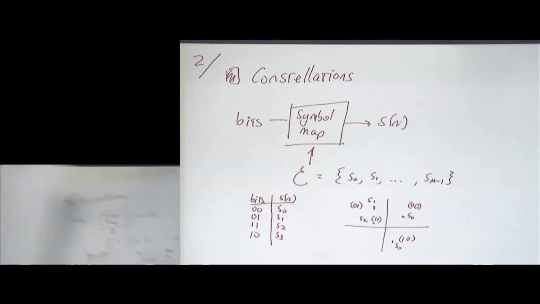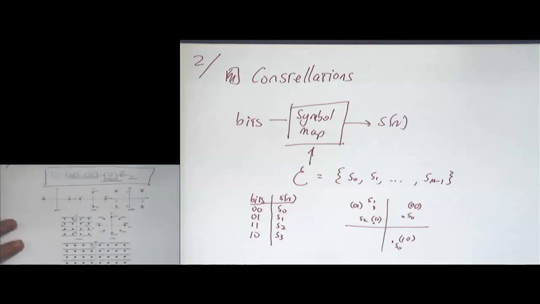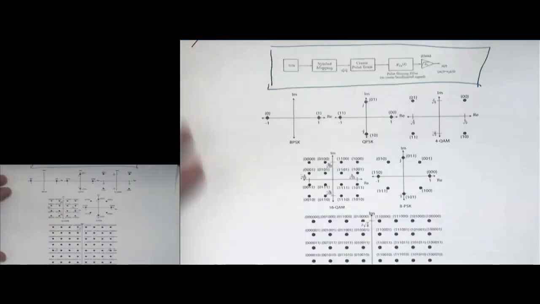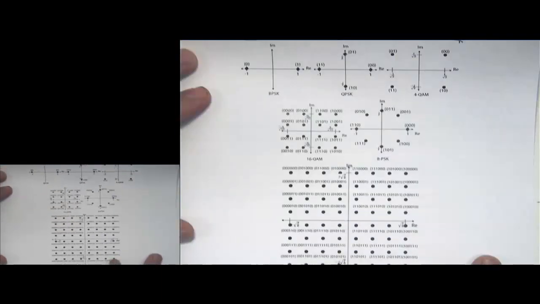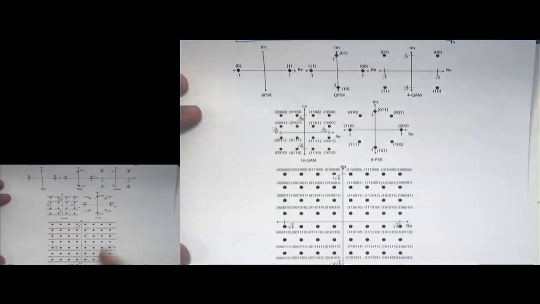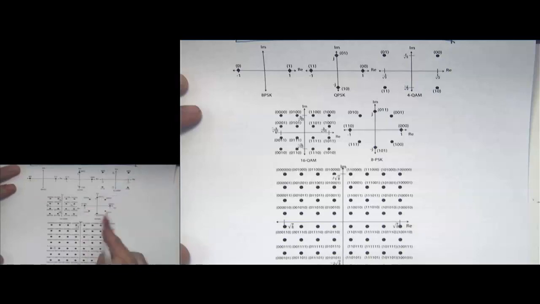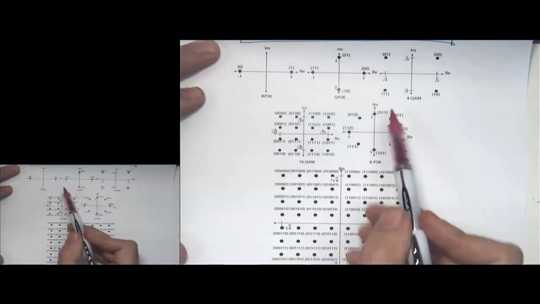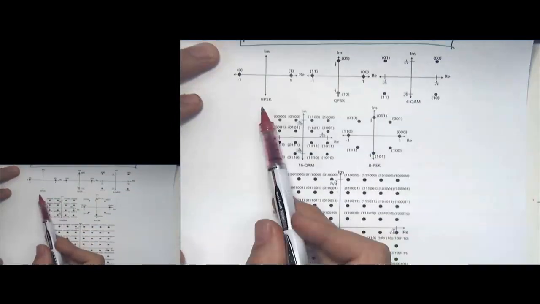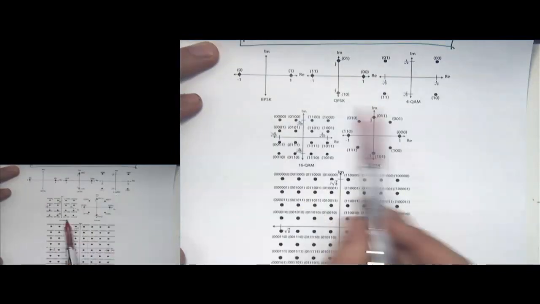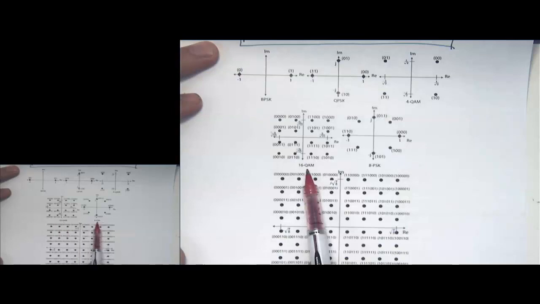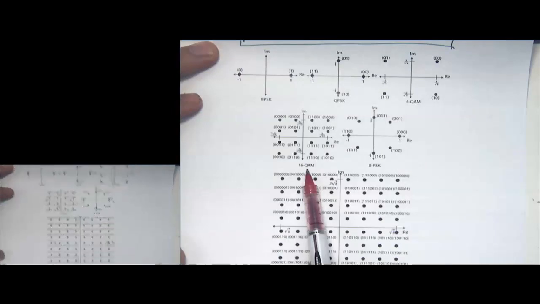And then we looked specifically at this table here of common mappings. And several of these are used in wireless communication systems, in particular BPSK, QPSK, 4QAM, 16QAM, 8PSK, and 64QAM here.